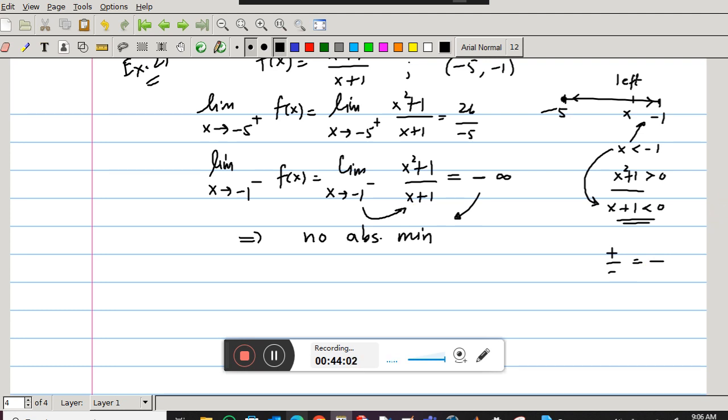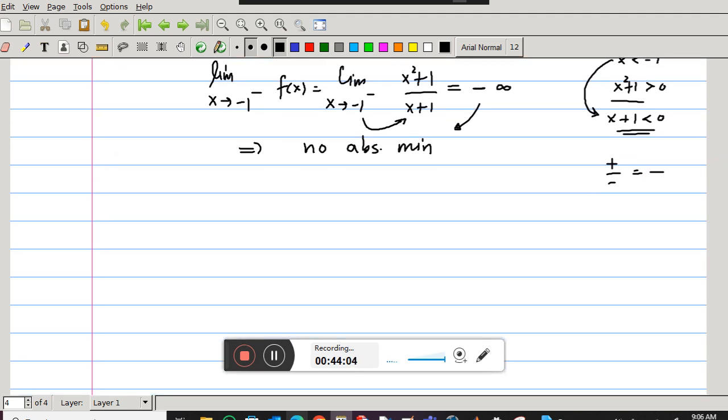So I can look for maxima, and maxima occurs at critical points. Now what is happening basically? At minus 5, my function is minus 26 by 4, which is minus 13 by 2, somewhere here. And at minus 1 it goes to minus infinity, going down.